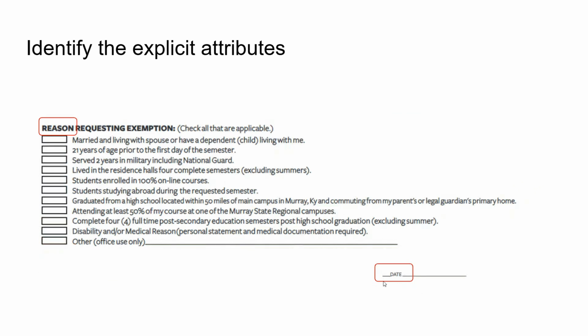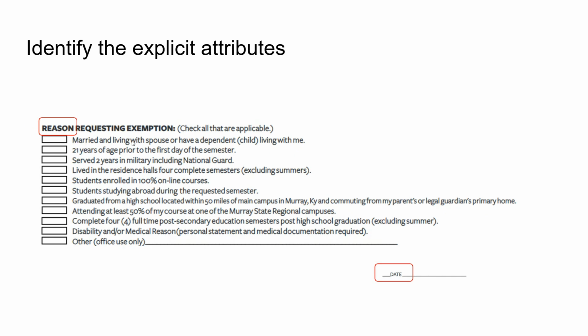All right. So now one other thing is this, the reasons for exemption. And so I marked reason as an attribute. Okay, I didn't mark each one of these attribute values as attributes, because this could be true or not true. Like for example, the first reason could be true or not true. So the student may check or not check this box. So that actually becomes a value. What goes inside these boxes becomes a value. Now the values are also listed here.